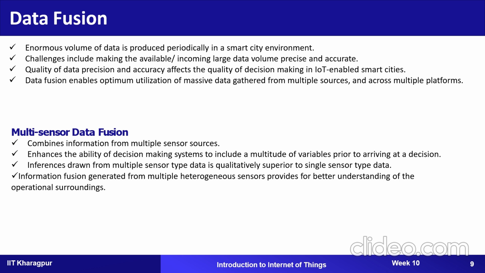Next is multi-sensor data fusion. It combines the information from multiple sensor sources. It enhances the ability of the decision-making system to include a multitude of variables prior to arriving at the decision. Inferences drawn from multiple sensor type data are qualitatively superior to single sensor type data.